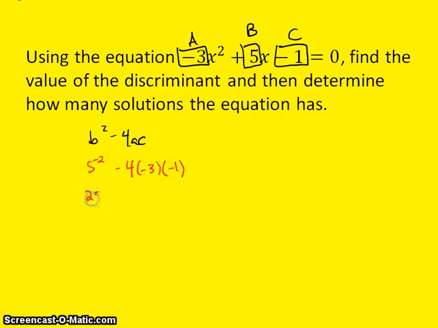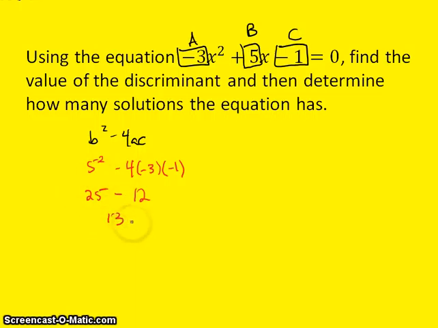So 5 squared is 25 minus 4 times negative 3 is negative 12 times negative 1 is 12. So 25 minus 12 is 13.